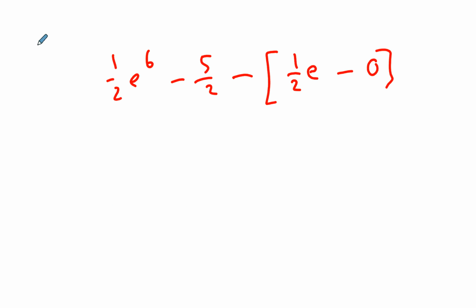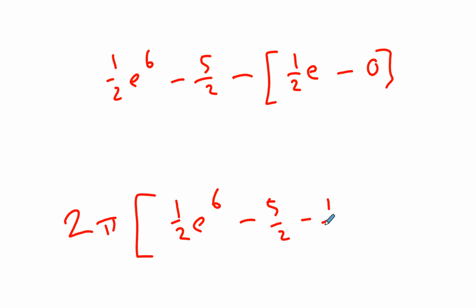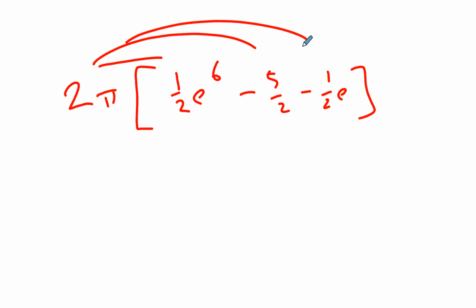And then we have the times 2 pi, which we won't forget about. So the final answer is going to be 2 pi times, if we simplify this at all, there's not much to do really. You get 1/2 e to the 6th minus 5/2 minus 1/2 e. For fun, I guess you could distribute that 2 pi. So you end up with pi times e to the 6th minus 5 minus e. And that would be your answer.